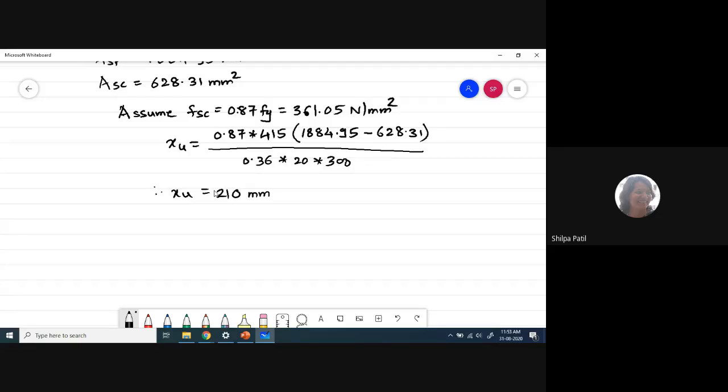Okay. Now tell me the XU max value. XU max value will be different now because we have changed the grade of the steel. XU max completely depends on FY value.